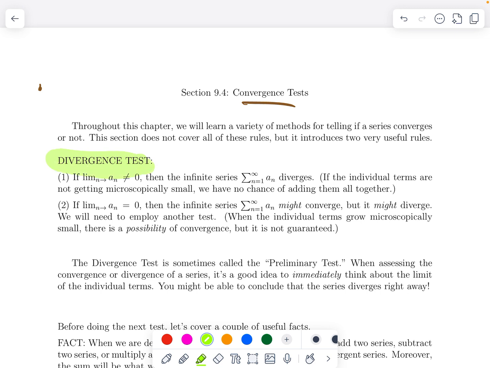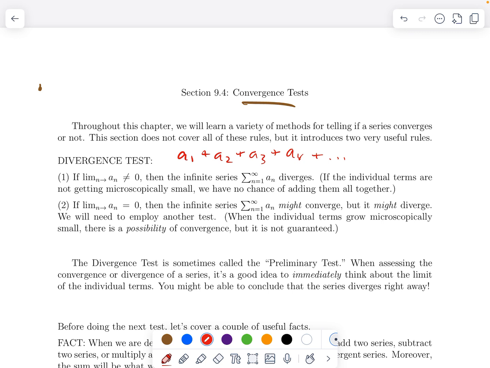And this is a test you can do right away to check almost instantly if you have something that diverges. So remember, when we're dealing with a series, we're attempting to add up infinitely many individual terms, a1 plus a2 plus a3 plus a4, going on forever.